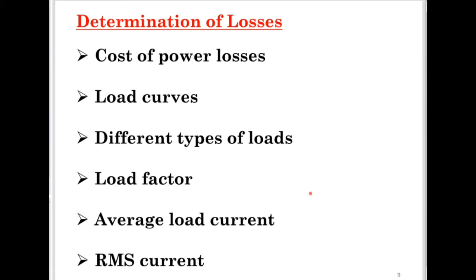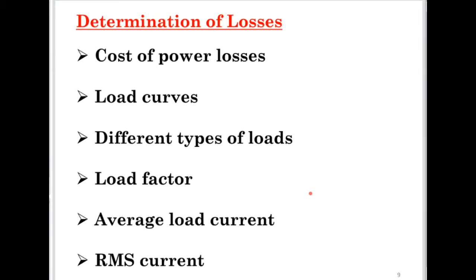Different types of loads need to be considered, because, like I mentioned just now, if it is industry, it will have a lot of power consumption, meaning the conductor diameter will be larger as compared to if I was considering the line for a domestic connection. Right. So those different types of loads will be considered.